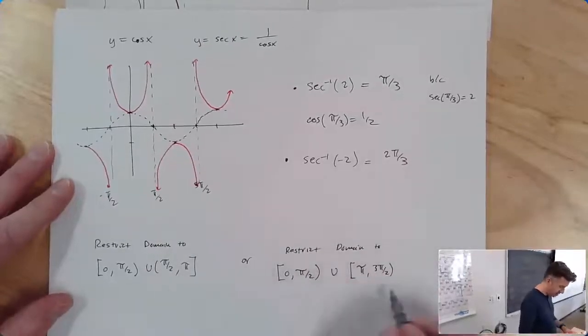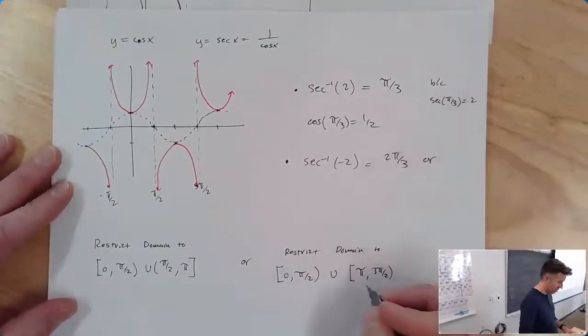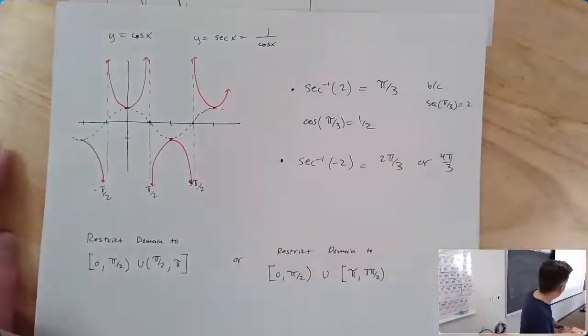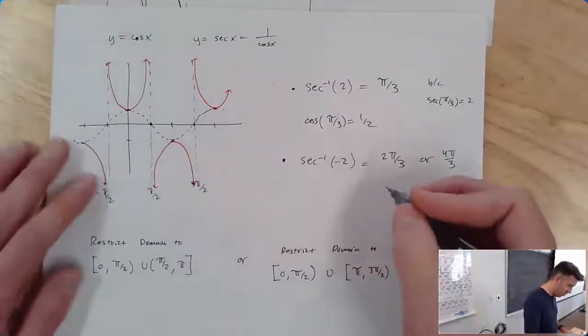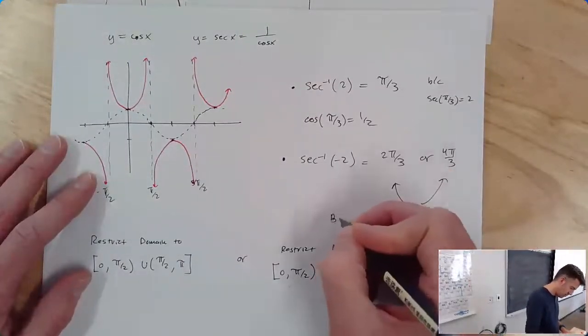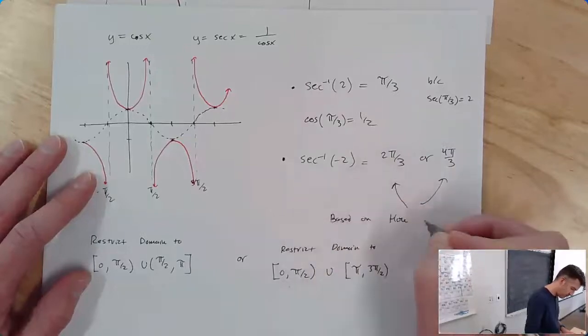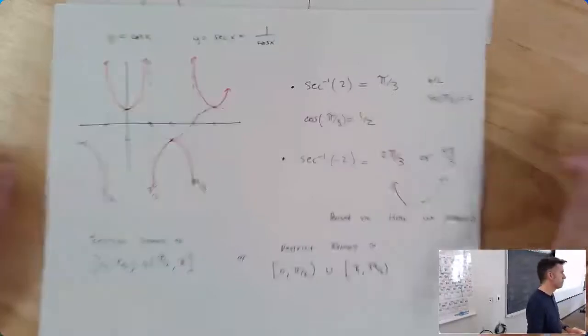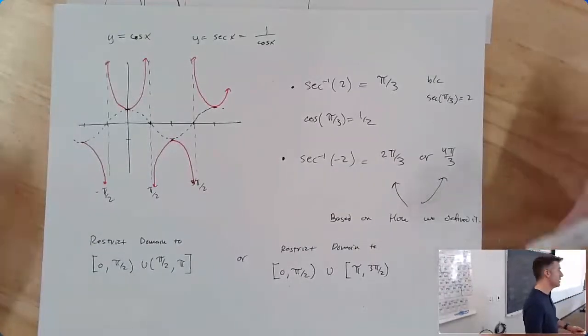But if you defined it this way, my answer is going to be an angle in the third quadrant, which is going to be 4 pi over 3, which is a bummer. So this is wholly dependent on how we've defined it. Such is life. And the same is true for inverse cosecant.